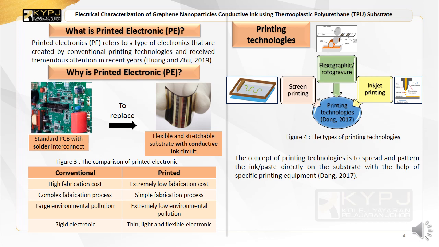Figure 3 shows the comparison of electronics between conventional and printed. Conventional electronics have a high fabrication cost, complex fabrication process, large environmental pollution, and are rigid, while printed electronics have extremely low fabrication cost, a simple fabrication process, extremely low environmental pollution, and are thin, light, and flexible.